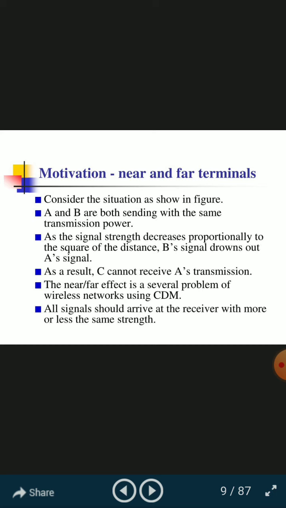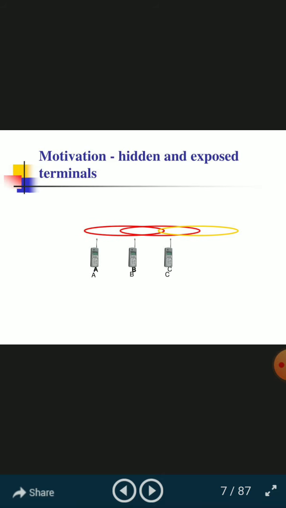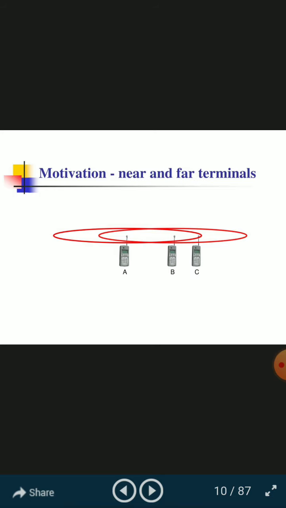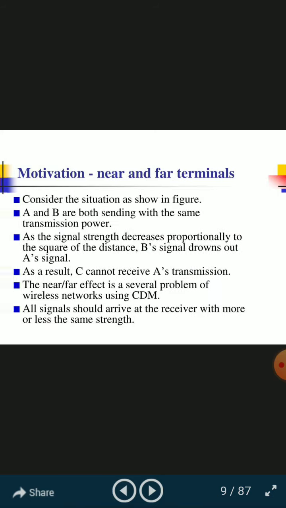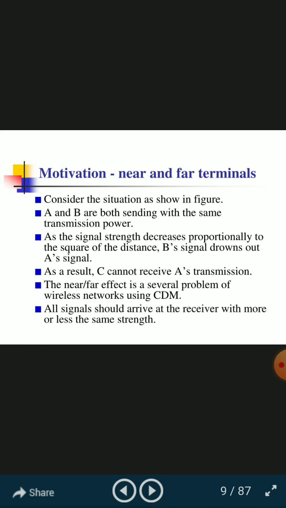Now coming to the near and far terminals. Considering one situation, why do we face these problems? Here we have to identify which is the near terminal and which is the far terminal. A and B are both sending with the same transmission power.